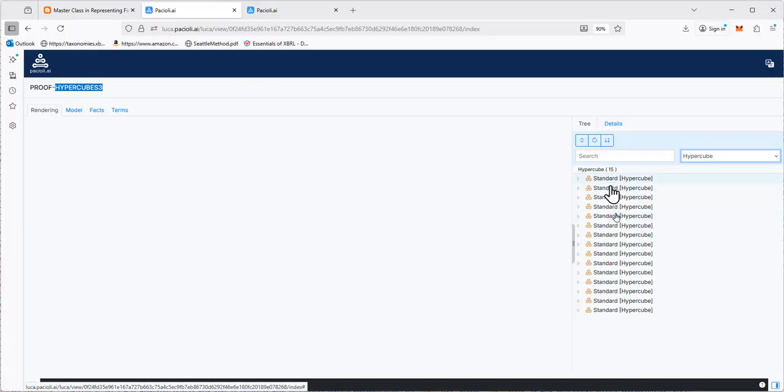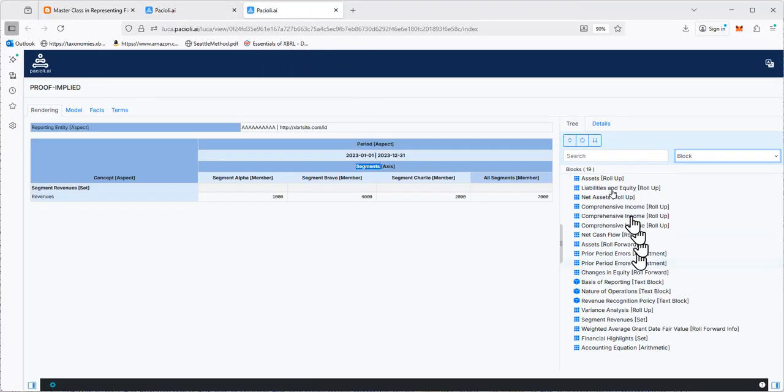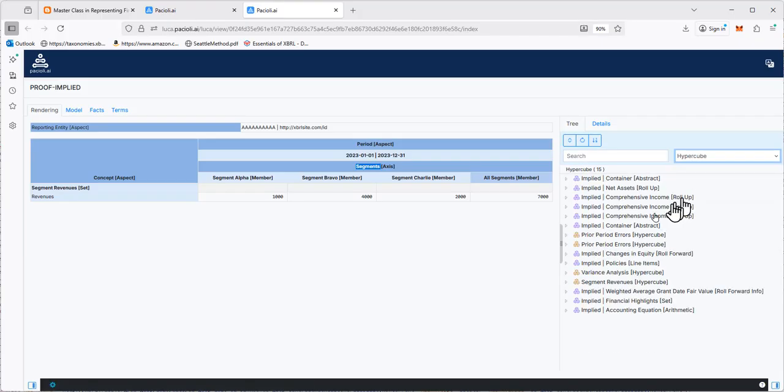Here, everything is represented in a hypercube of the same name. And here, I've removed every hypercube that I could remove, leaving only the ones that I must use. And this is why, basically, you have to use a dimensional model when you represent financial reports, because it's multidimensional.